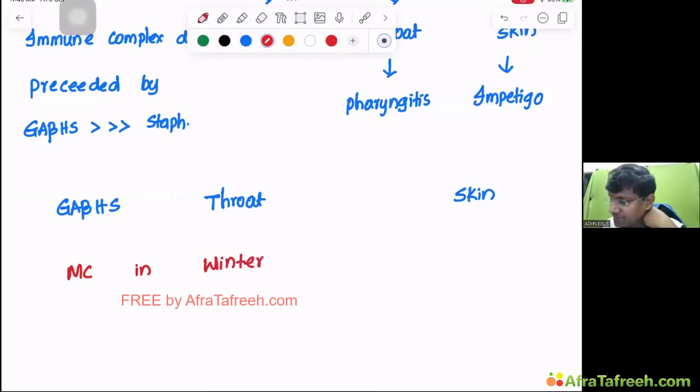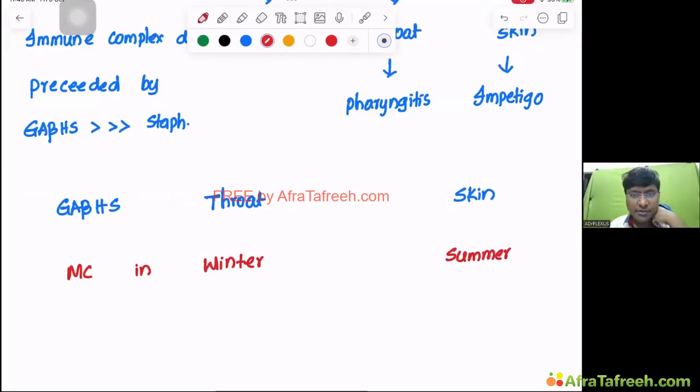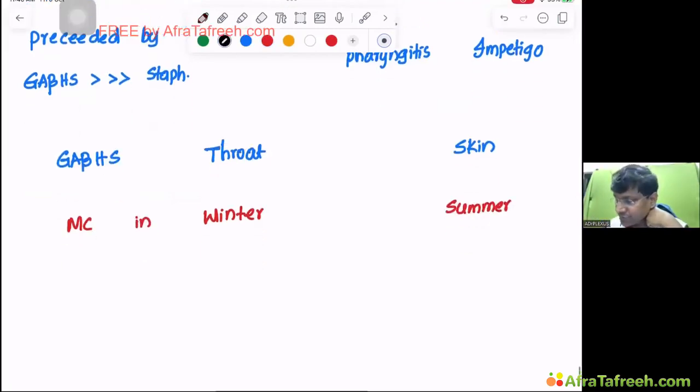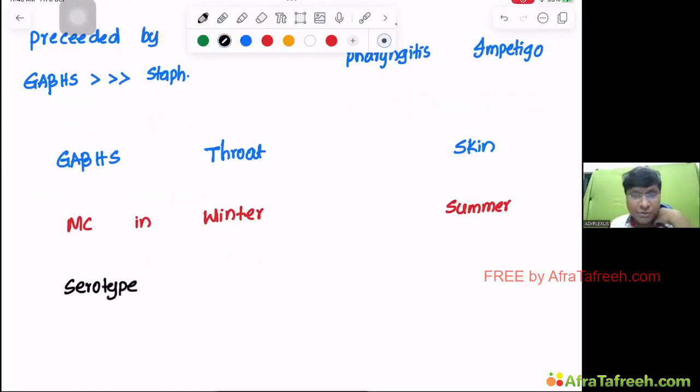And group A beta hemolytic streptococcal skin infection is more common in summer. Okay. At the same time, you should know the serotypes. The common serotype responsible for your throat infection is serotype 12. We have many other serotypes, but the common one is serotype 12.